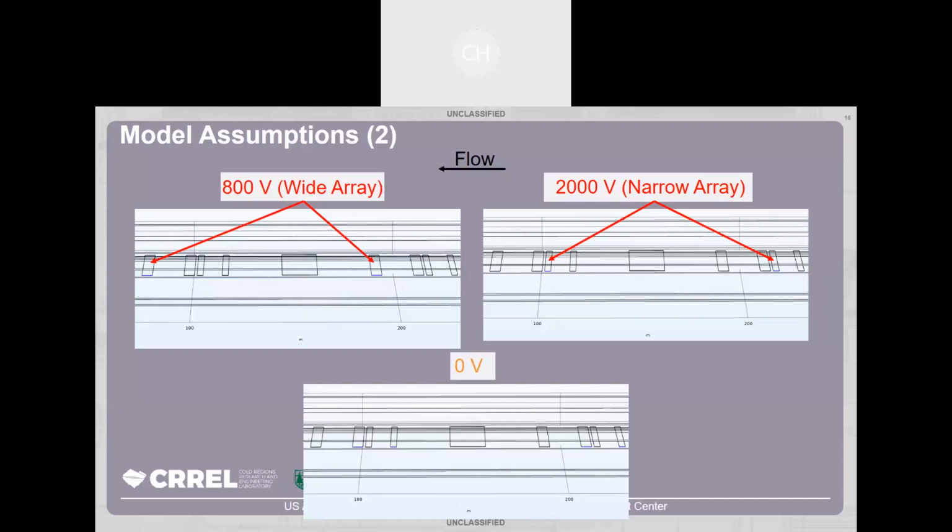With the narrow array, the advantage is that you can get a higher field value at a lower energy rate. However, the field itself is significantly more narrow.